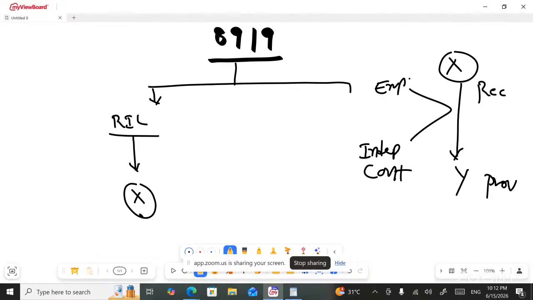Type 2, independent contractors. Suppose we are having some power issue in our home. We are taking the service of an electrician. Daily he is not coming to our home to do the service. We communicate to him what our problem is, and we ask him to fix that problem only.